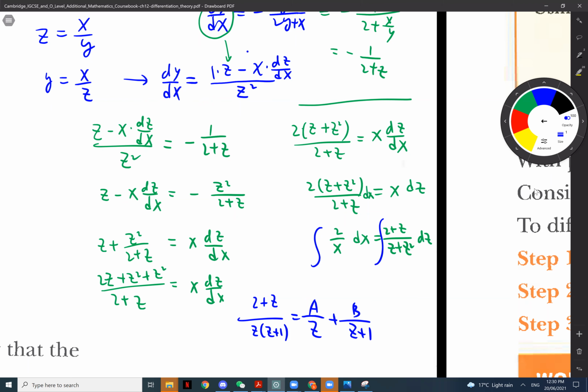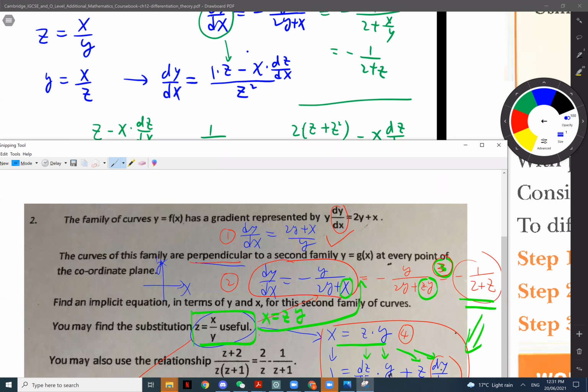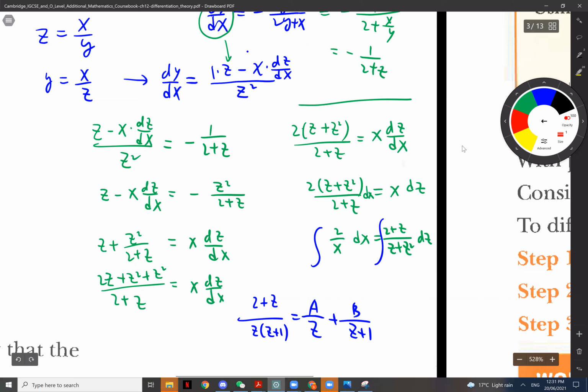The question tells you A and B, which is 2 and -1. The question tells you here is 2, here is -1.